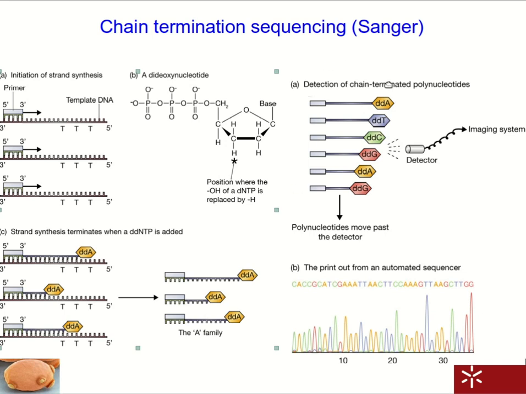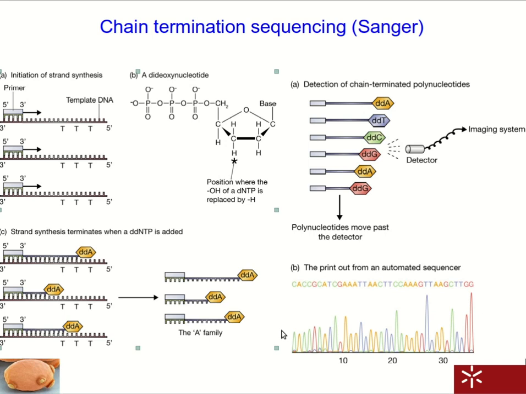And if we label each of these dideoxynucleotides differently with different colors, depending on if it is ddATP, ddTTP, ddCTP or ddGTP, we can detect as the bands pass the detector which one of these dideoxynucleotides ends the copy of the DNA. This is a very sensitive separation, so we can detect differences in size of only one nucleotide.